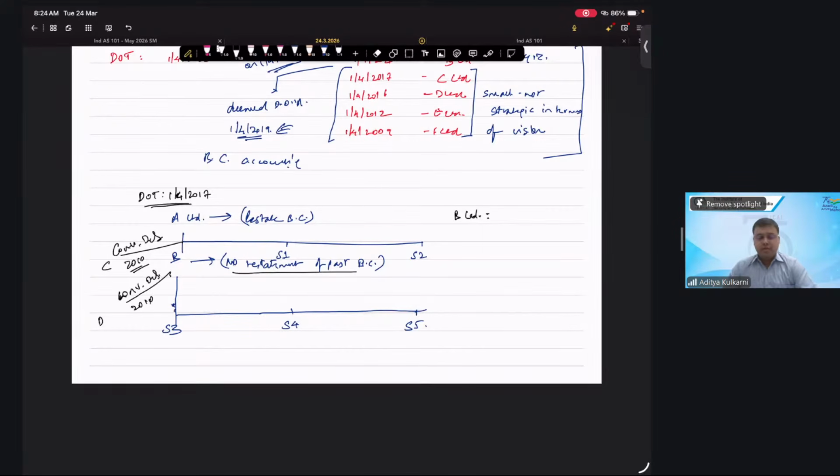No restatement, on the date of transition. So consolidation with effect from 1st April 2017. Are you able to understand this?